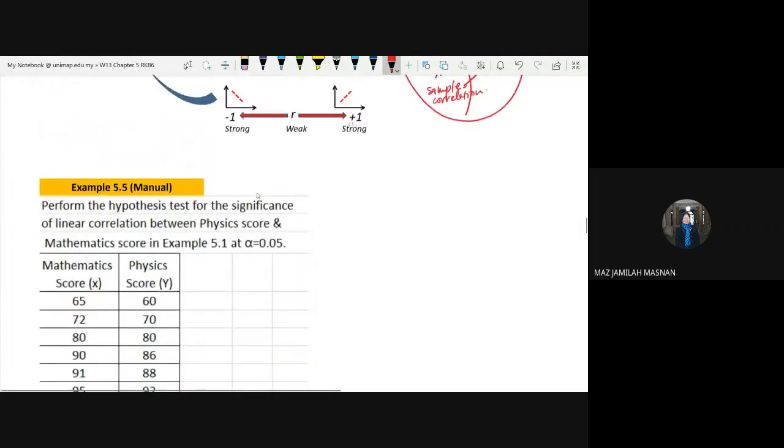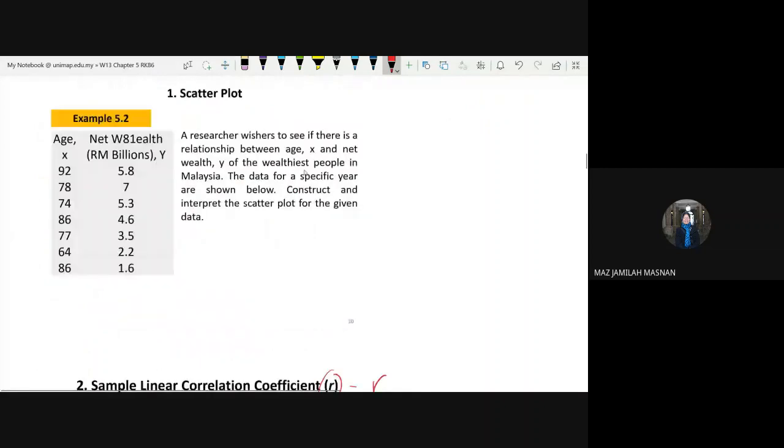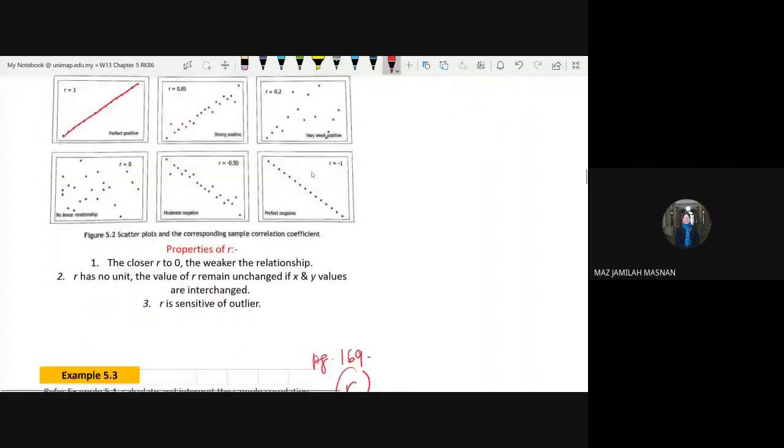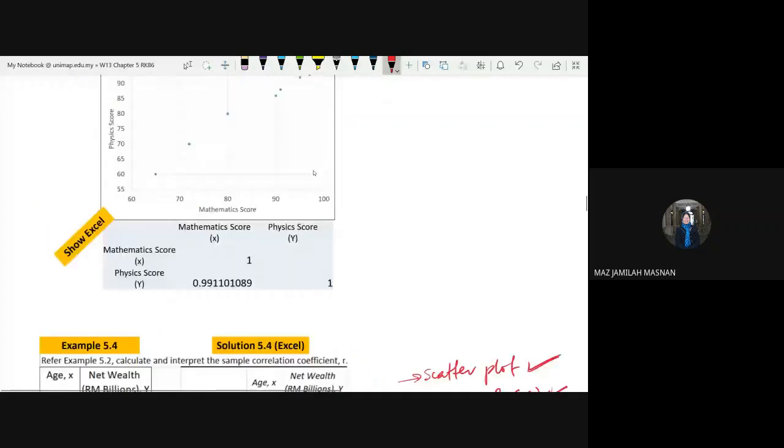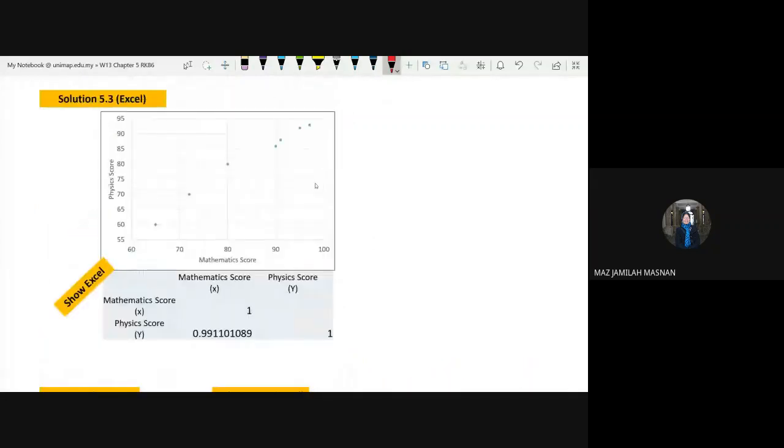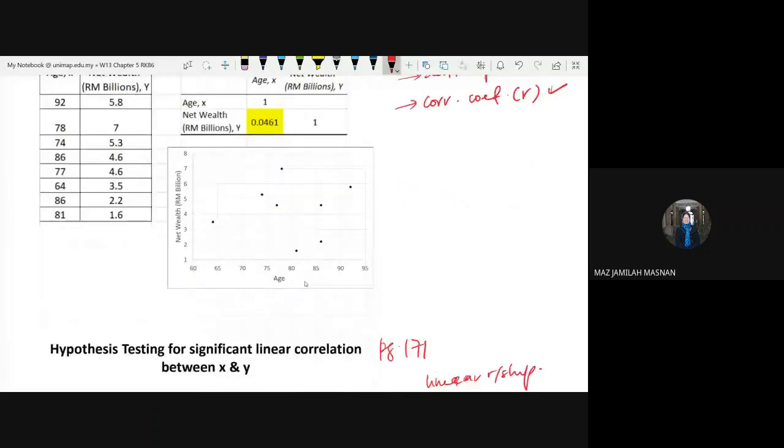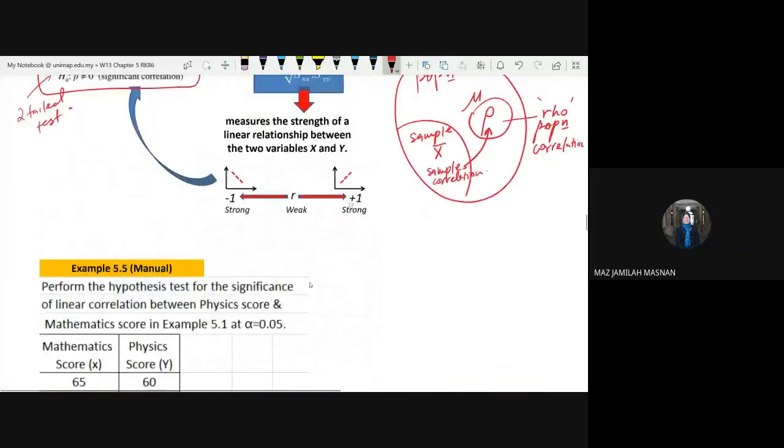We have seen just now how we can begin with the scatter plot, and later we'll see how we find our sample correlation coefficient for physics score and mathematics score. Now we wish to test whether 0.991 is acceptable, is correct to describe our relationship between X and Y, mathematics and physics.